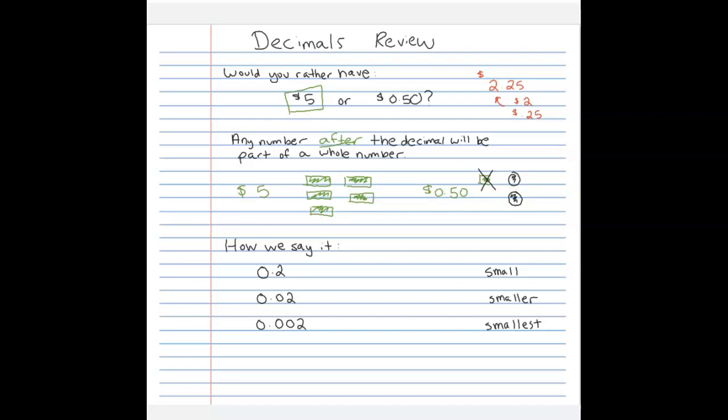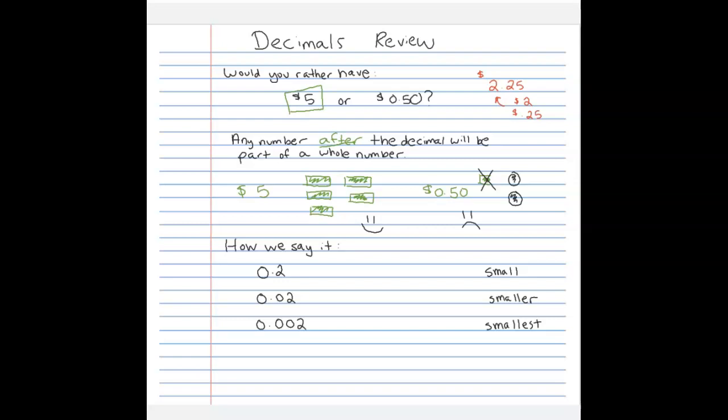So, easy enough, we're good to go. We can see that I would much rather have this side right here, this $5, than the 50 cents. Although, if somebody offered me 50 cents, I'd take it, but that'd be kind of whatever. Hey, money's money.